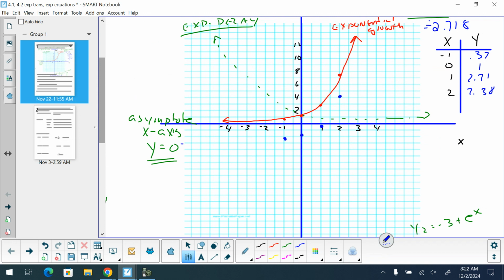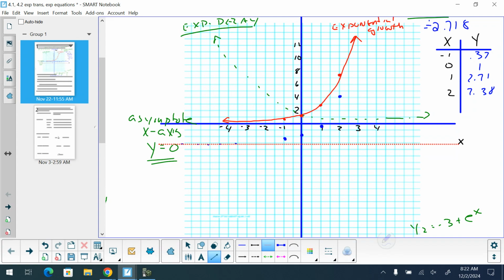So at -3, we're going to have this asymptote here. And our graph's going to look the same, but everything just gets shifted down 3.